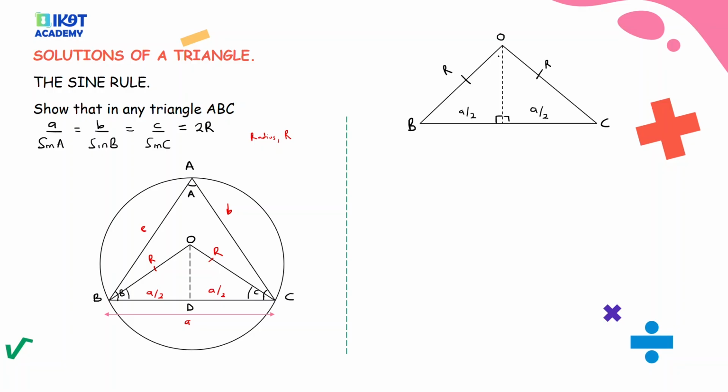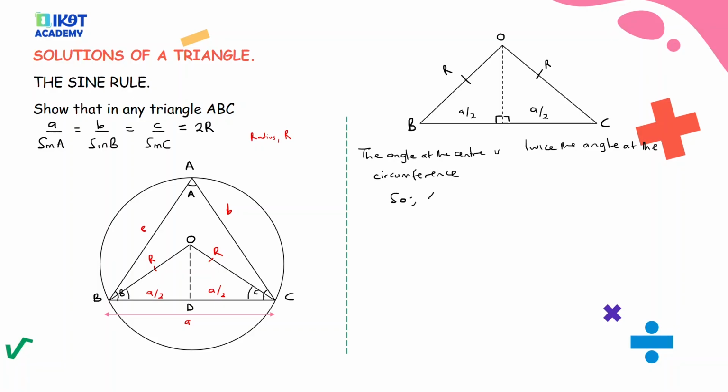Now, to find angle BOC, like this angle here, we are going to use the first circle property. The first circle property states that the angle at the center is twice the angle at the circumference. So what does this mean?